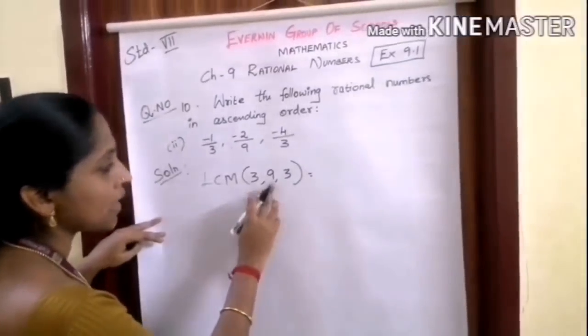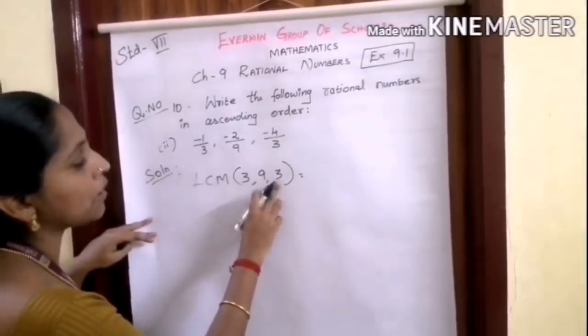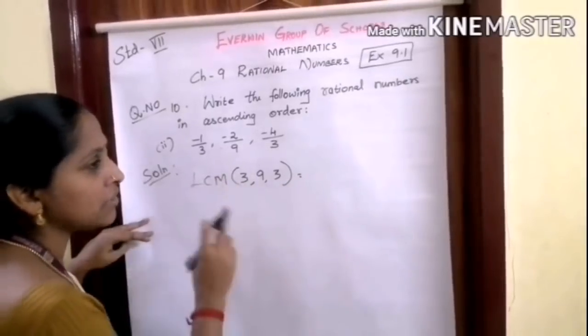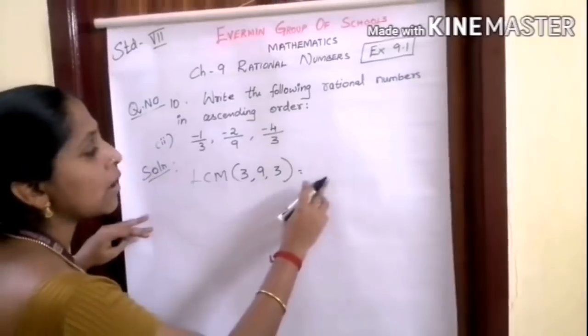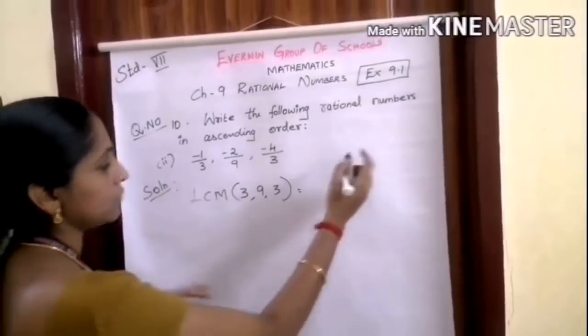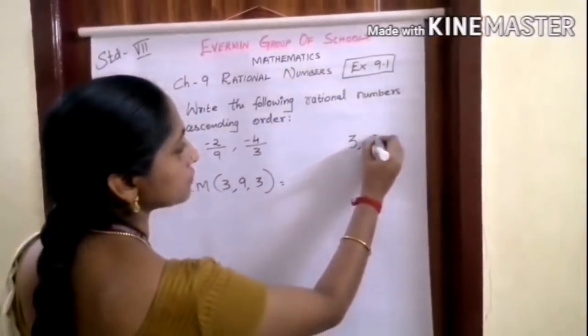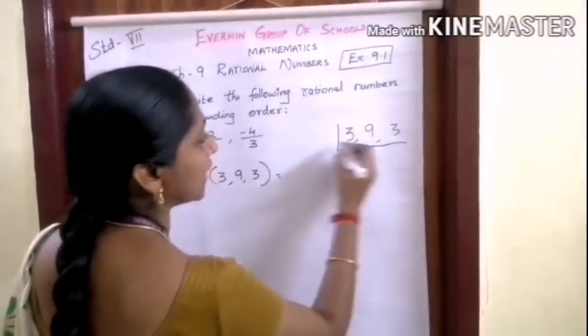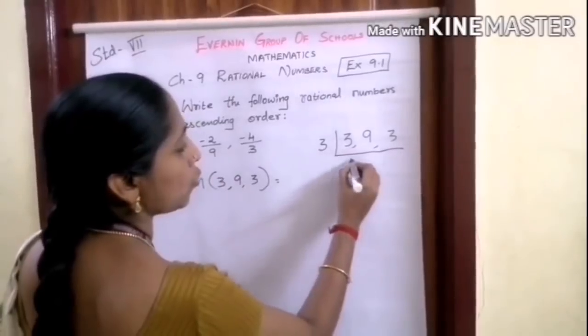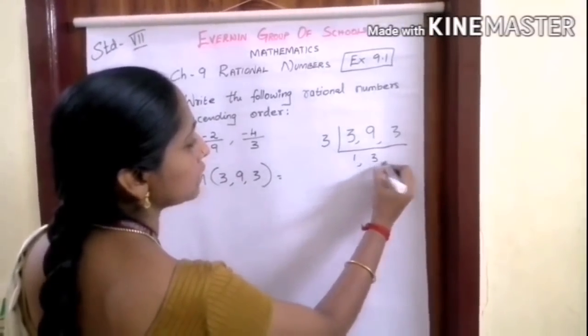Look here, 9 is a multiple of 3. We have already discussed this in method 2. So the LCM is 9 only. Let's see here: 3, 9, 3. The common table is 3. 1 time 3, 1.